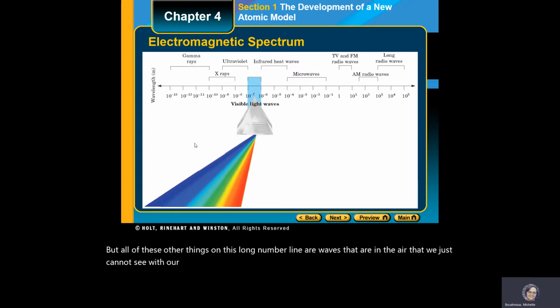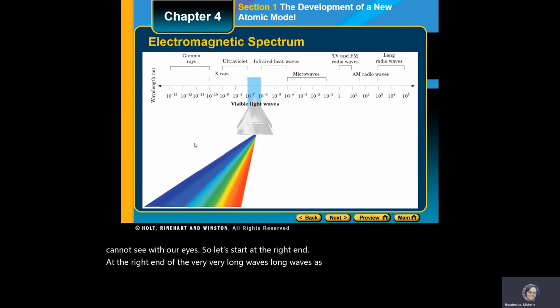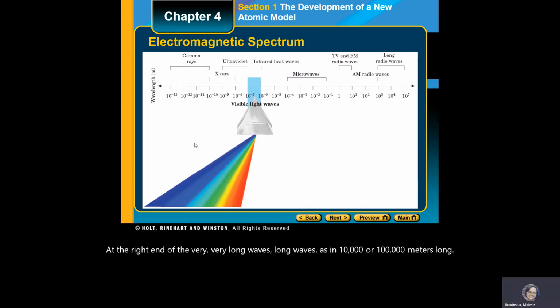So let's start at the right end. At the right end are the very, very long waves. Long waves as in 10,000 or 100,000 meters long. 100 meters would be approximately a football field. So 100,000 meters would be 1,000 football fields.